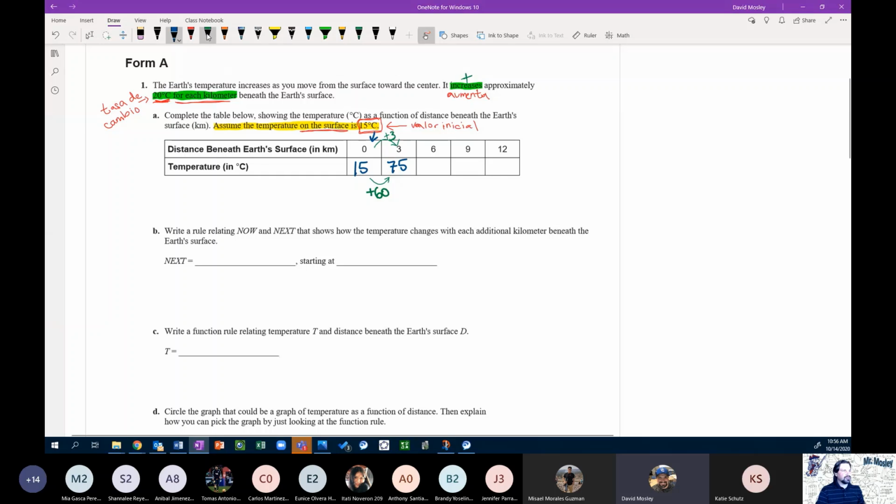Then for the next one, 3 to 6, plus 3. So if I add 3 more kilometers, I add 60 more degrees to 75.